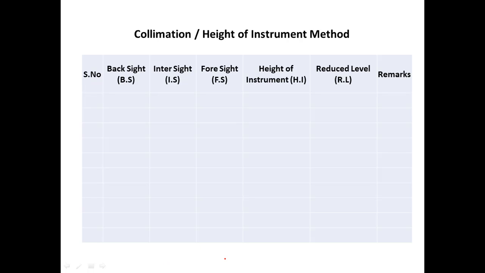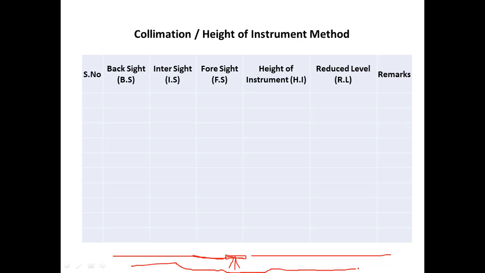For example, my instrument is here. I have done all the temporary adjustments so that I made the line of sight horizontal, in the horizontal plane. This is my field. First, this is my benchmark. Over the benchmark I am going to keep my leveling staff.